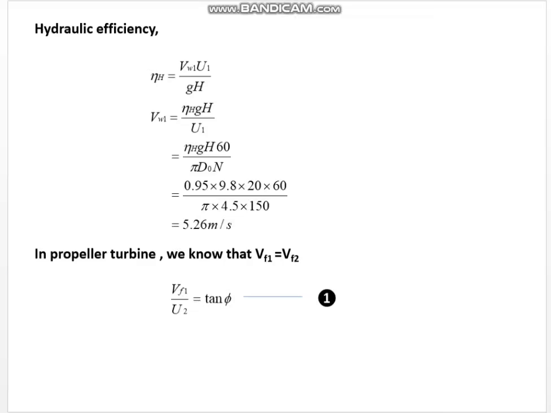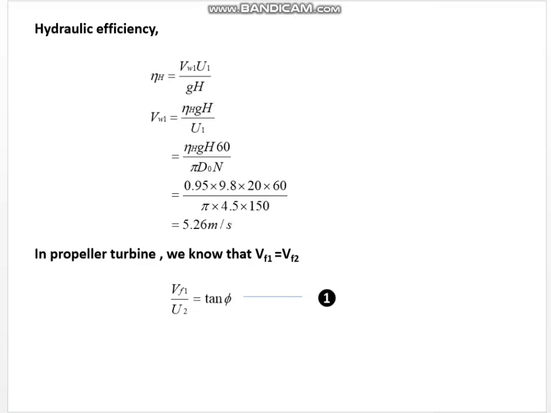Now the formula of hydraulic efficiency is eta H is equal to Vw1 U1 by G H. Now we know hydraulic efficiency is 0.95, and N is 150 rpm.